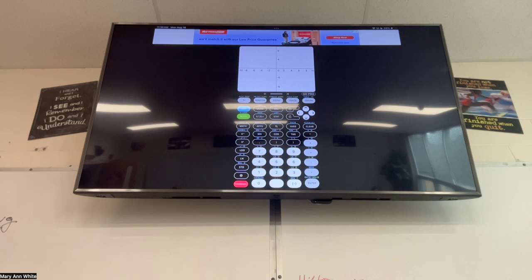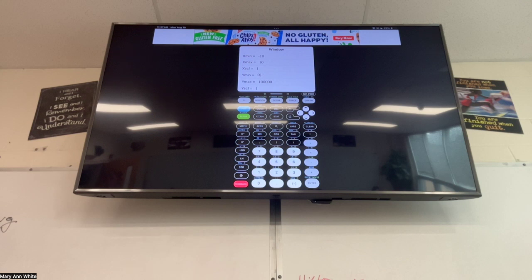My y at least needs to go as high as 42,000, so my y max needs to be bigger than 42,000. Honestly, I might go closer to 100,000, and I'll make my y min 0. I don't need any negative numbers, but I don't want to go much bigger than 0 because then I'm not going to really know where I am in relation to everywhere else.